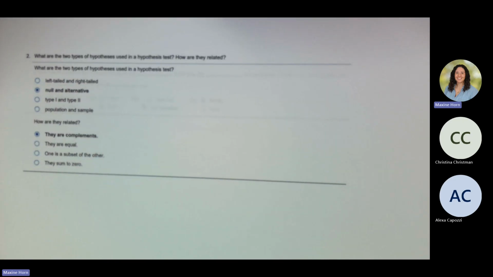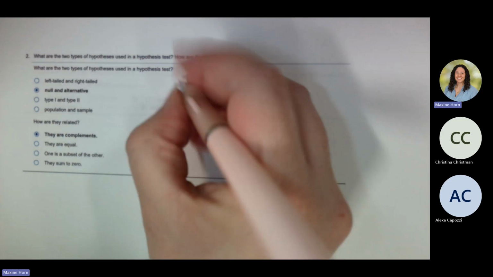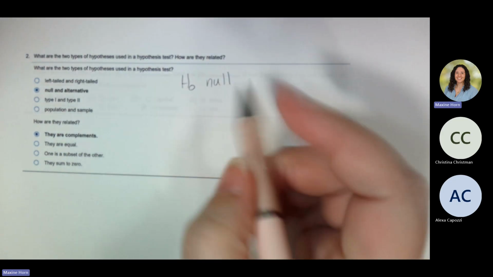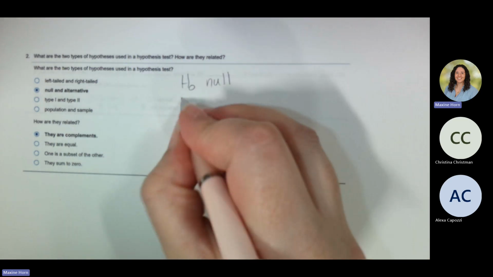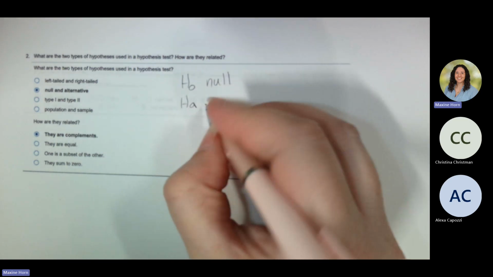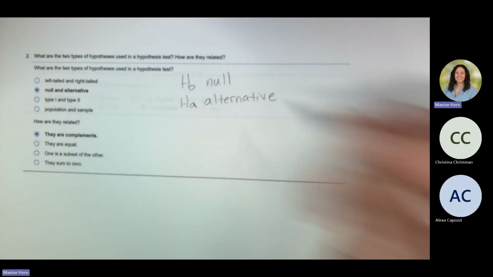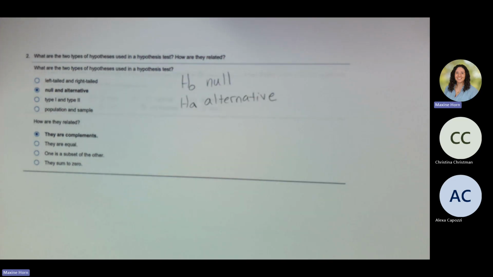All right, what are the two types of hypotheses used in a hypothesis test, and how are they related? So we kind of just talked about that, didn't we? We just answered this. The null hypothesis, so H sub 0, and the alternative hypothesis. And how are they related? They are complements, right?